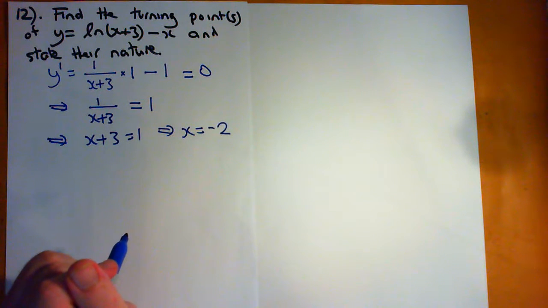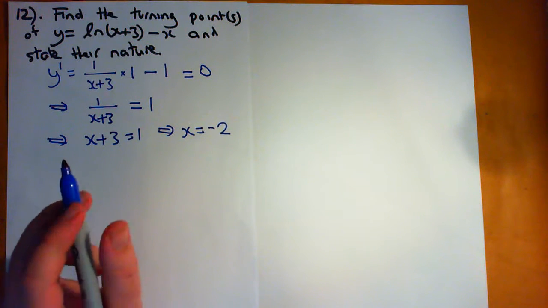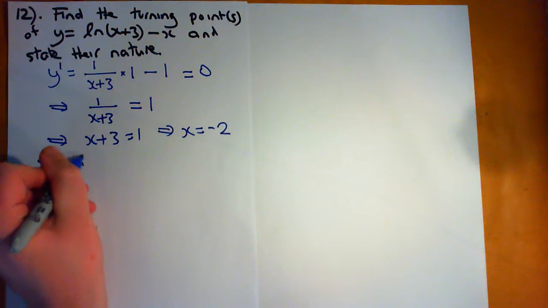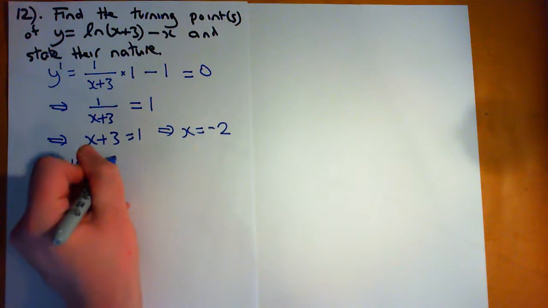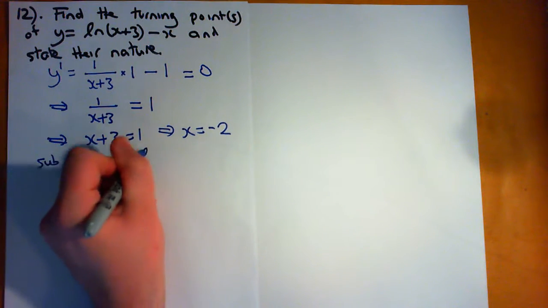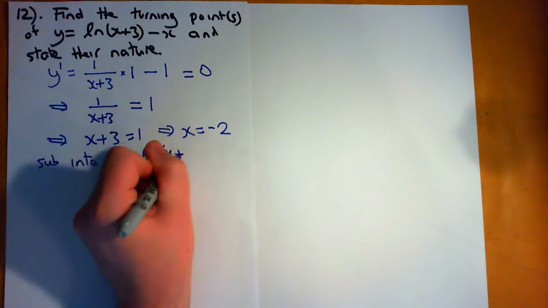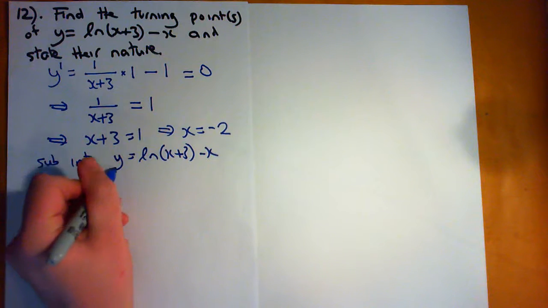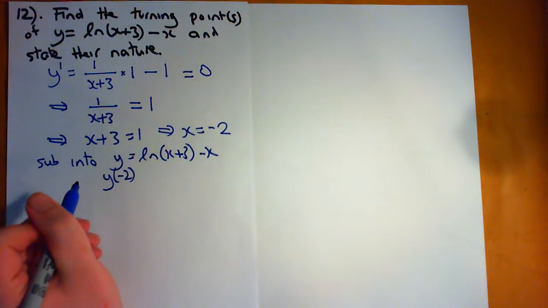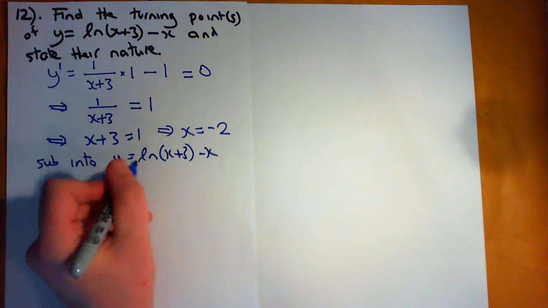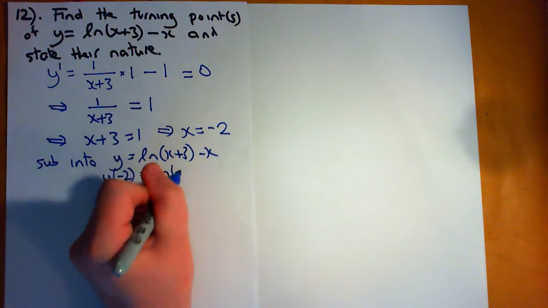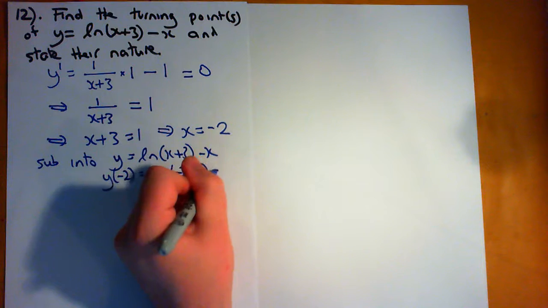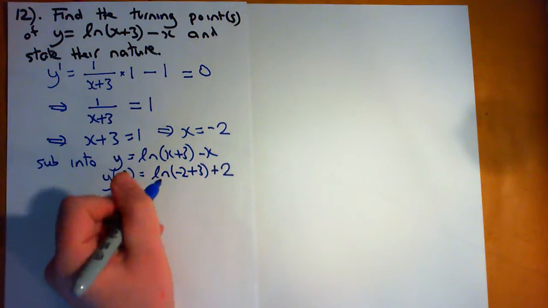Okay, so we've got the value of x, and let's substitute into the original, y equals ln of (x plus 3) minus x, and that will give us what y of negative 2 is. y of negative 2 is going to be ln of (negative 2 plus 3) minus x, which is negative 2, so that's plus 2.